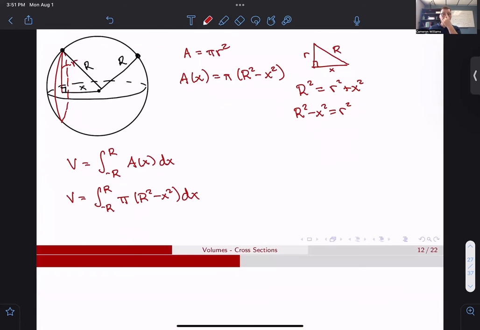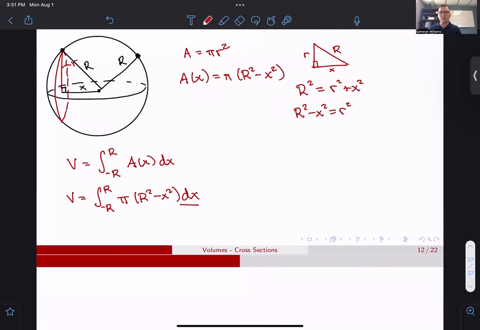Now, it is very important that you have your integration variable listed here with your dx, because that tells you what changes. Everything else is constant as far as the integral is concerned. While R is a variable, we could plug in any number we want for it. It's the radius of the sphere. The radius of the sphere doesn't change. So as far as the integral is concerned, big R is a constant.